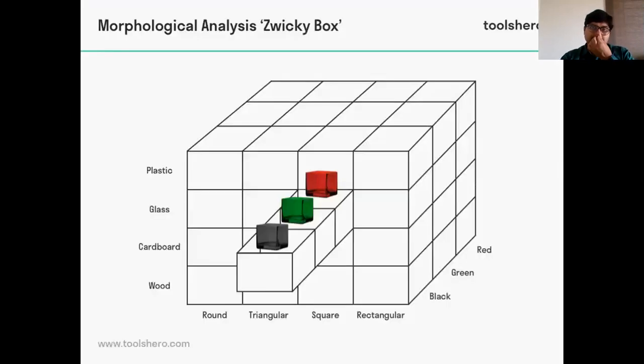So here you could see there is something called a Zwicky box where you have three-dimensional parameters. One is about materials, another is the shape, and the third is the color. So when you look at that, here the object is being seen as glass, right? The glass with square cross section and having the colors of black, green, red.